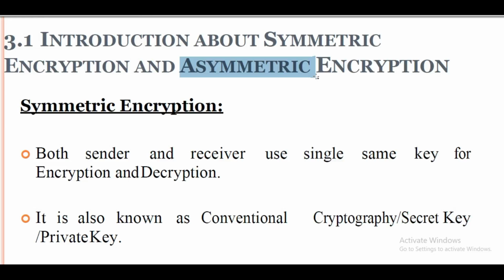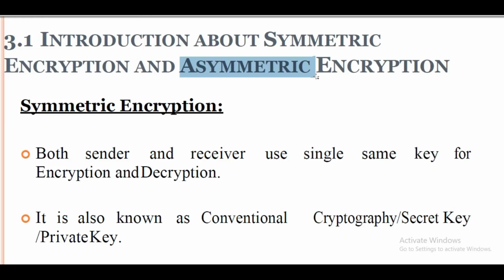There are two different ways to ask the question in your GTU exam. Instead of symmetric encryption, they may ask about the conventional cryptography method, so you have to write only about symmetric encryption, not asymmetric encryption. If the question is about the non-conventional encryption method, then you can write about asymmetric encryption.